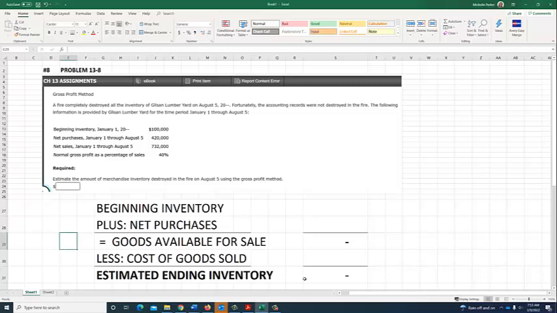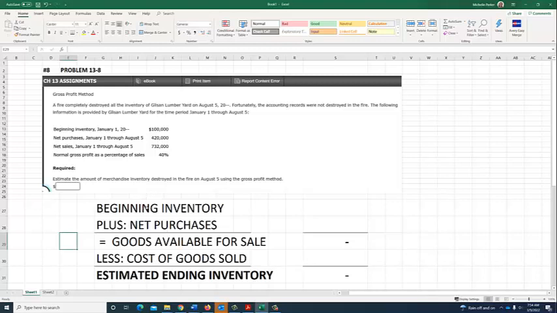And to do this, you need to know the cost of goods sold formula, which is beginning inventory plus purchases, which will give you goods available for sale, less, it's usually less ending inventory will give you cost of goods sold, but we know cost of goods sold. In this case, we're trying to estimate the ending inventory. So most of the numbers are given, and you have to do a short calculation for cost of goods sold to end up with your ending inventory.